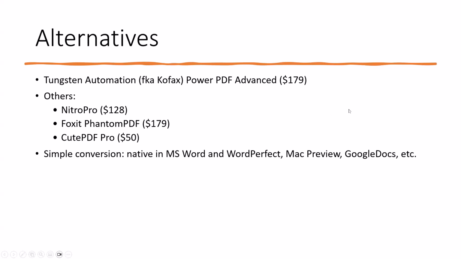The only difference is there's no browser version, and it's a one-time cost per user per license for $179. There are other tools like Nitro Pro, Foxit, Qt. Again, these are licenses. These are not per user per month.